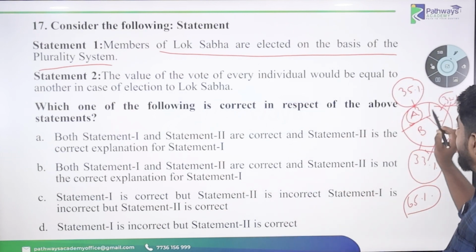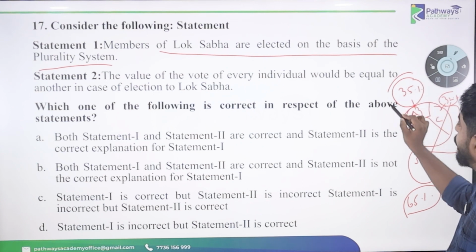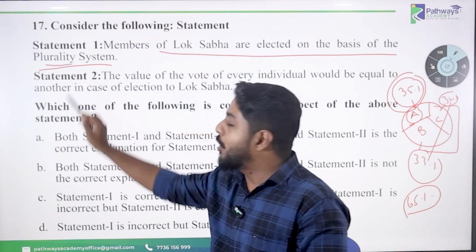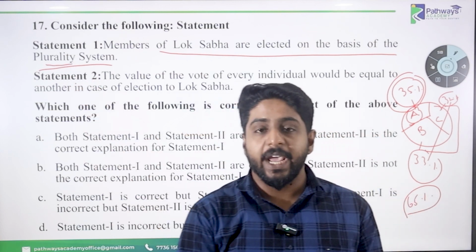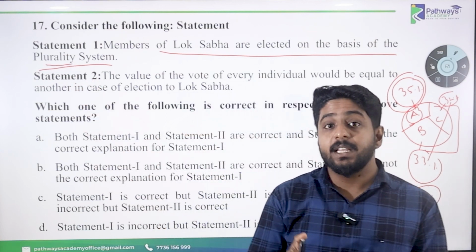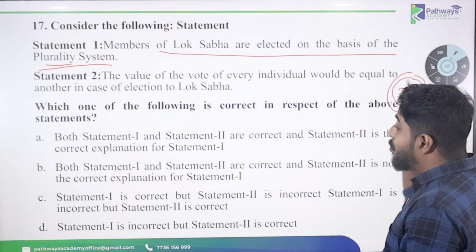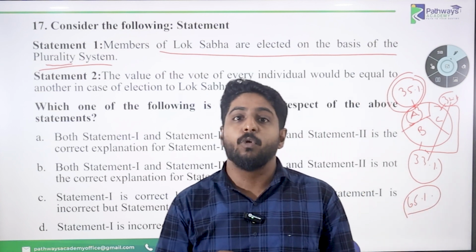So the first past the post system does not look for the majority, it looks for the plurality of votes. If it were checking the majority, then the winning candidate should get more than 50% of the total votes polled.